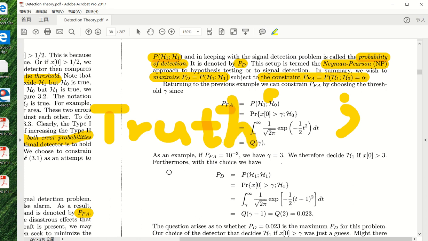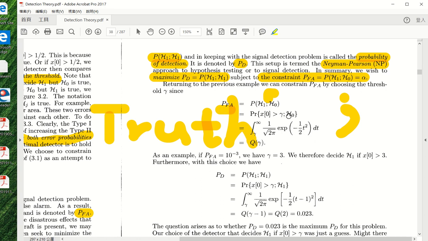Sometimes we call it ground truth, but truth is good enough. While the truth is H0, meaning that the real thing is H0, but we make a decision for H1. The real thing is H0, we make a decision for H1. When that happens, it's a PFA.